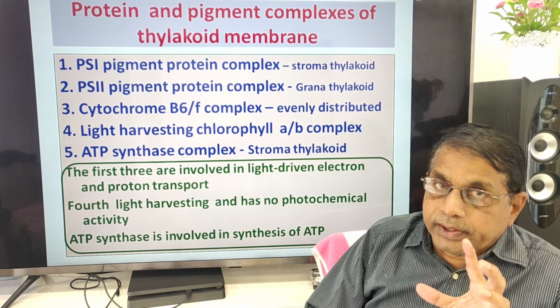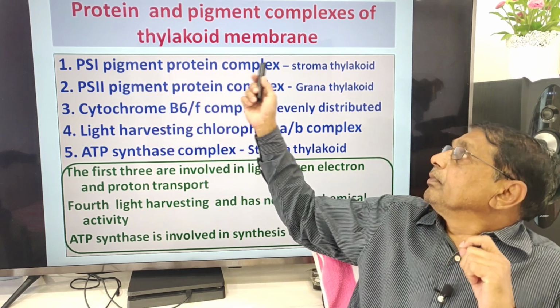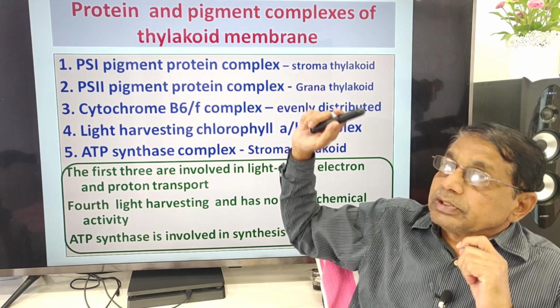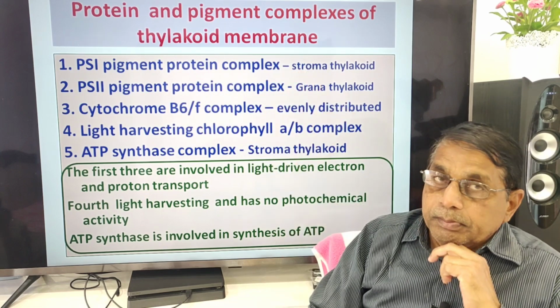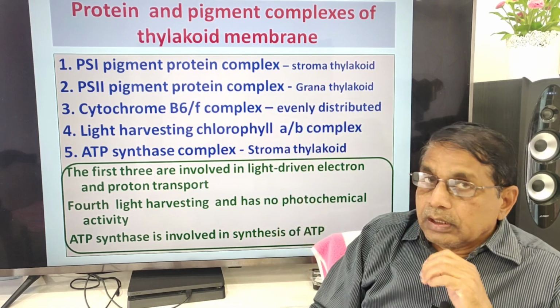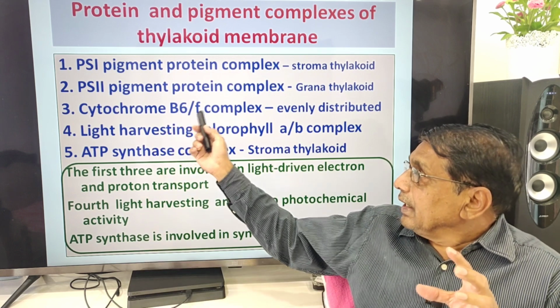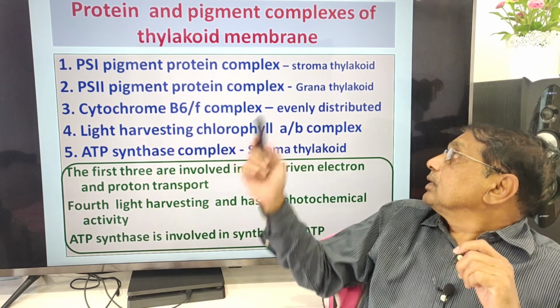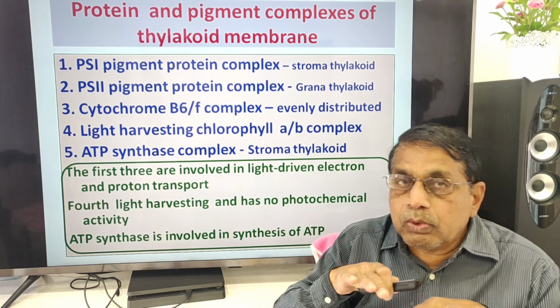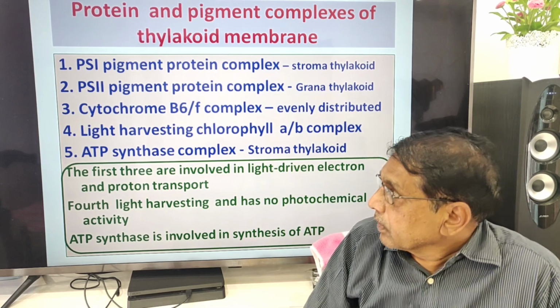This point again is important. Pigment system 1, where is it present? In stroma thylakoids; PS2 in grana thylakoids. Then for cyclic photophosphorylation, the B6F complex will be there, evenly distributed in both grana thylakoids and stroma thylakoids.